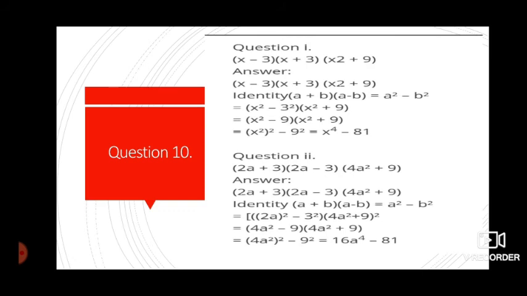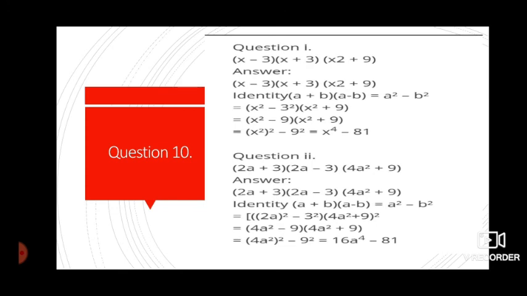We'll just keep it like that, children. Next, if we apply square to 2a, that square is applicable for both 2 and a. So 2 square means 4a square, minus 3 square means 3 into 3, 9, into, already we have, (4a square plus 9).